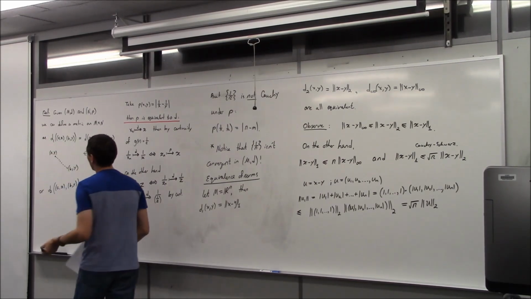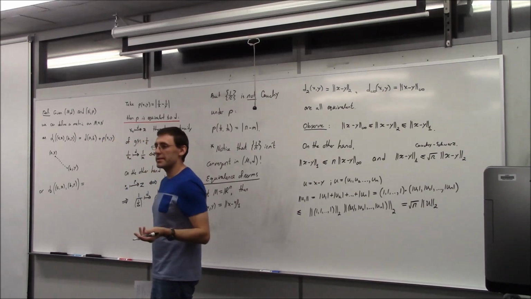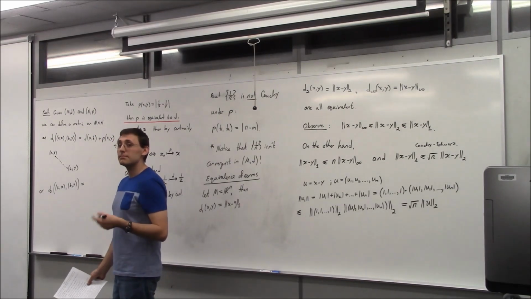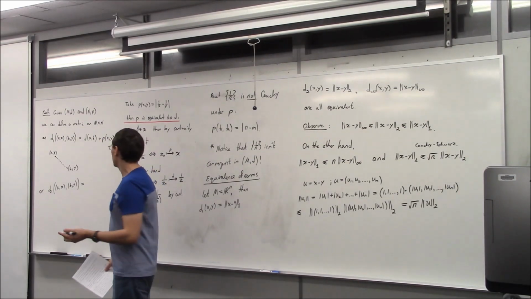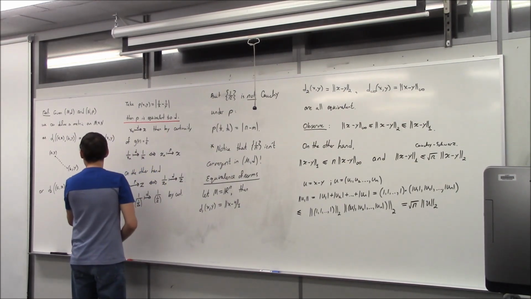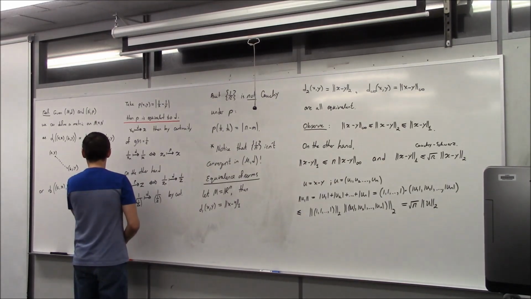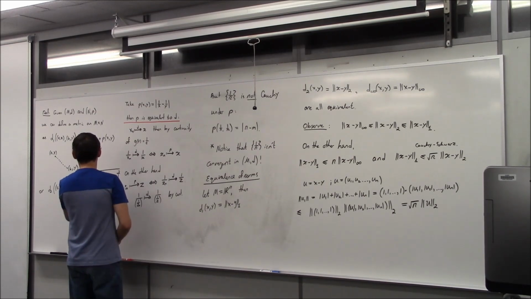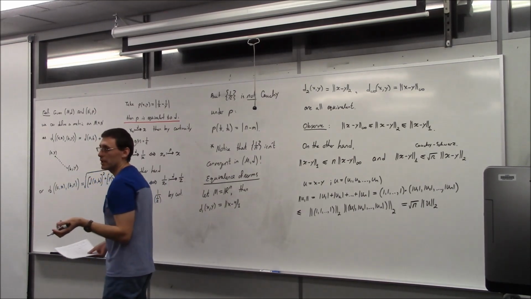Can you tell me what I should write here? If it's the 2 metric, what do I do? Squaring, yes. So I take the distance from a to b, and I square it, and I add to it the distance from x to y, squared, and then I take the square root, and that will generate a metric.